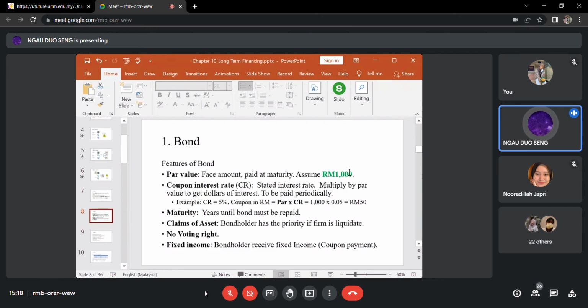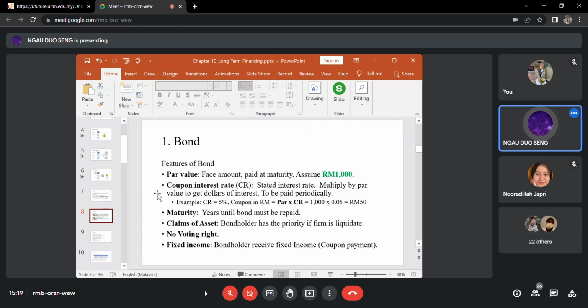Kalau question say par value adalah bersamaan dengan 2,000, then 2,000 adalah par value lah. So you jangan pergi tukar jadi 1,000. Alright, only if question dia tak mention par value that we will assume adalah 1,000.